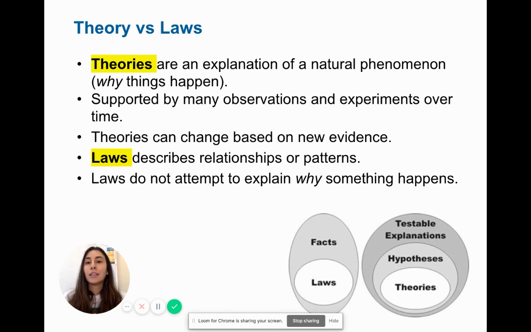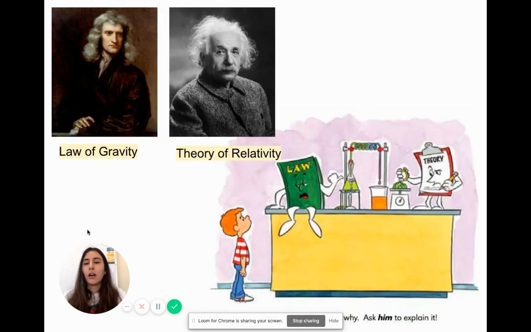On the other hand, laws describe relationships or patterns. They have nothing to do with explaining why things happen. They just tell you that they happen. So a perfect example of the difference between theories and laws is looking at the law of gravity.